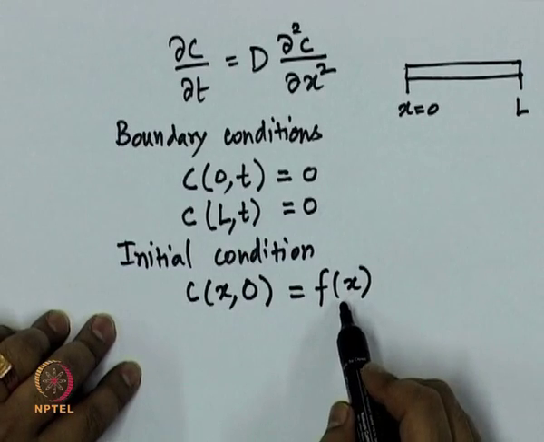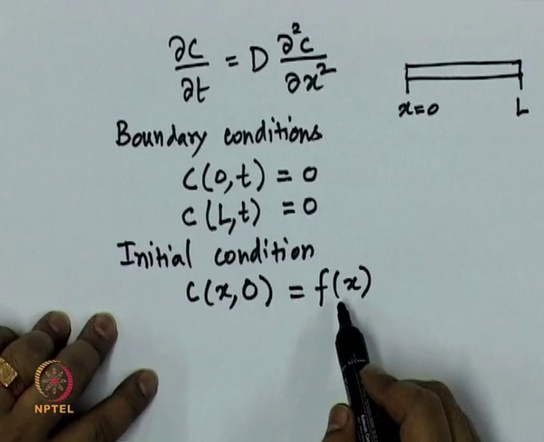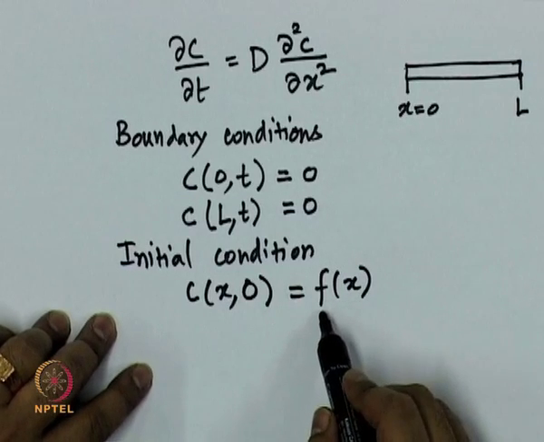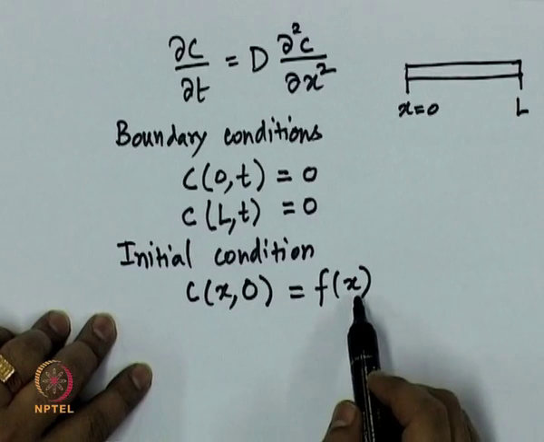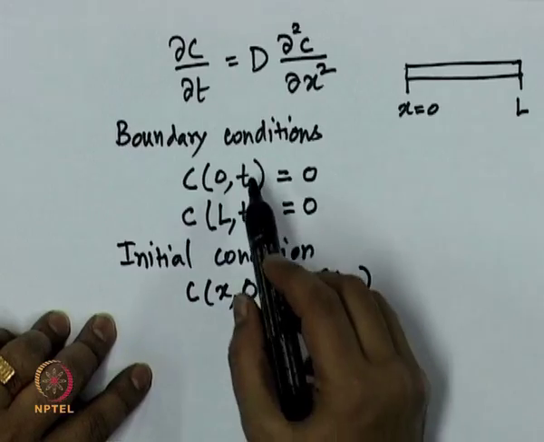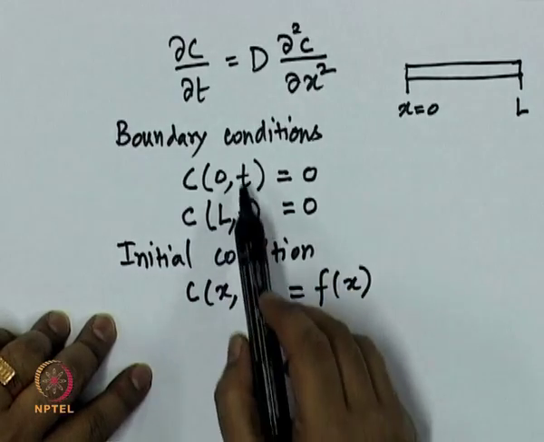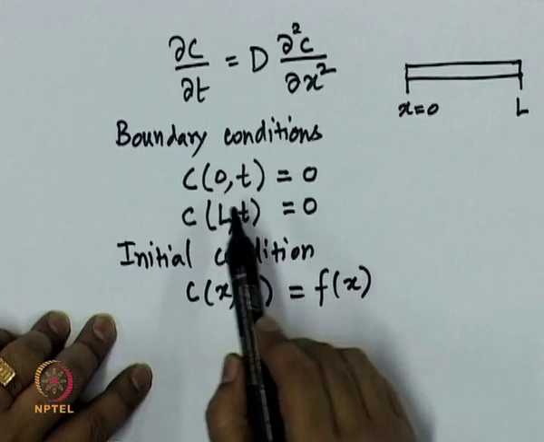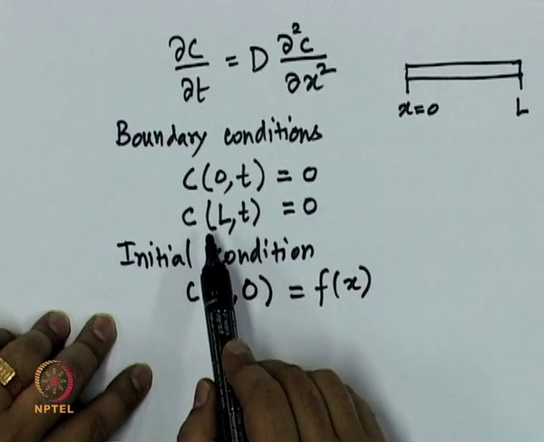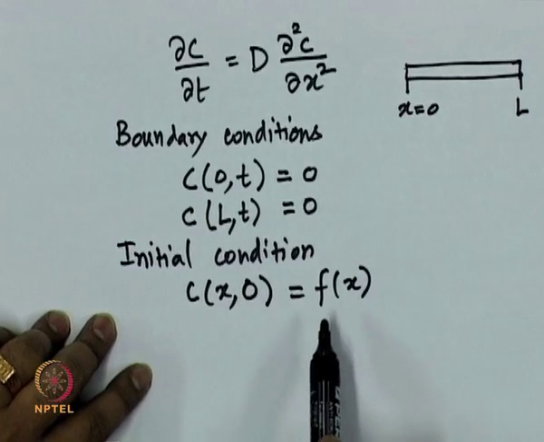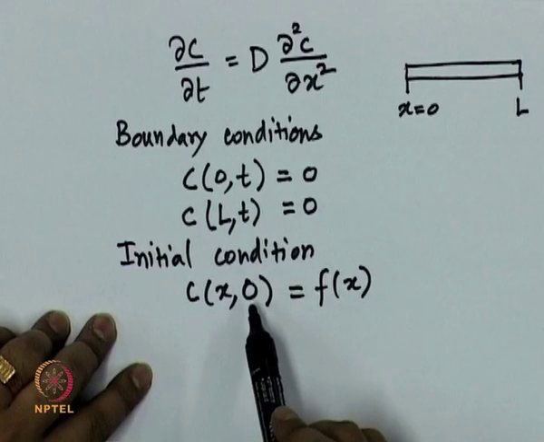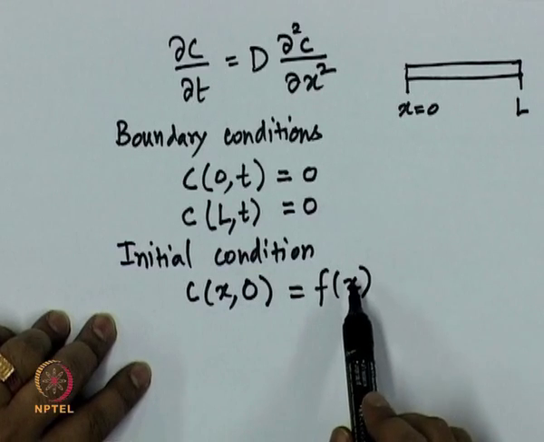But please remember, this is one of the mistakes that generally people make, that you can't assume any f of x. The f of x that you assume should also obey these boundary conditions, because for all time at the positions 0 and L, the concentration is supposed to be 0, which means the initial condition that you assume, which is at time t equal to 0, should also obey that.